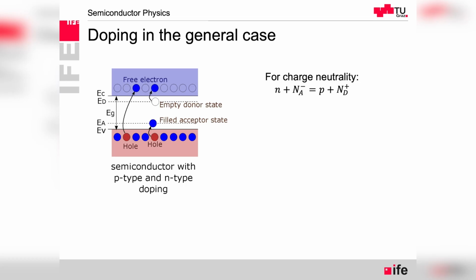We have this charge neutrality condition that is always fulfilled. So the intrinsic concentration of electrons and holes plus the concentration due to acceptor and donor atoms has to balance, so that every ionized atom has a corresponding free electron or free hole.